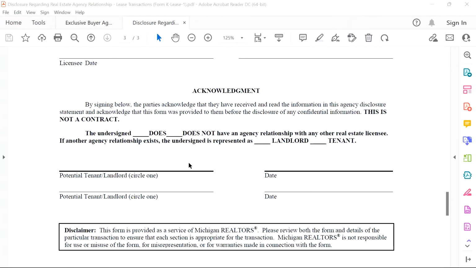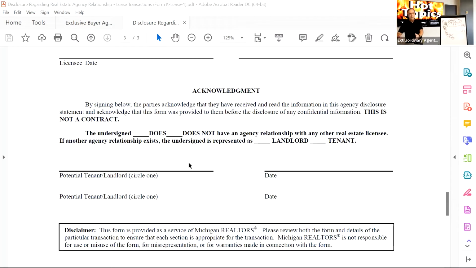And actually, if you really read it, it's really clear as to what it says. The undersigned does or does not have an agency relationship with any other realtor. Okay, do they or don't they? And then it says, if you do, it's because I'm represented.